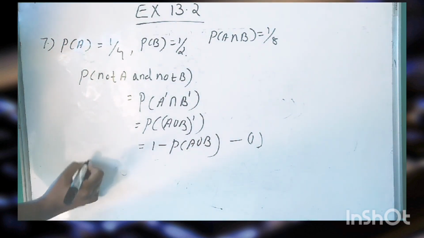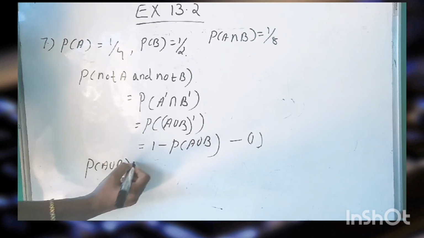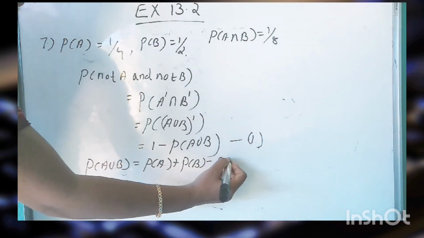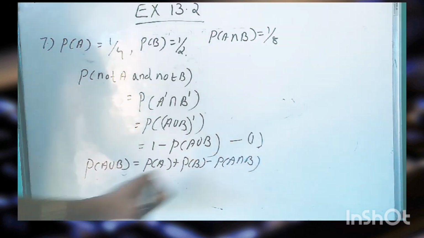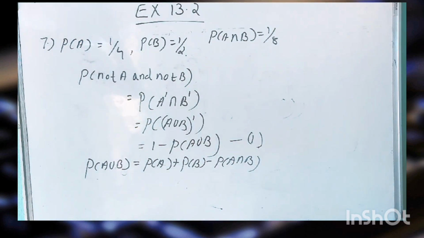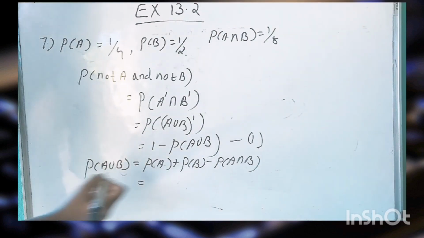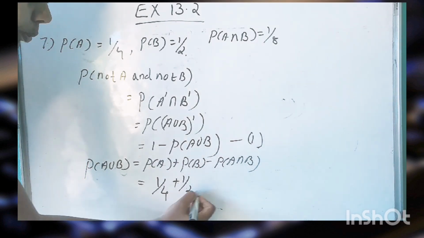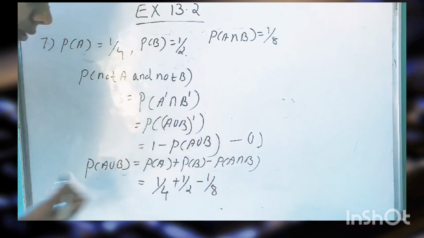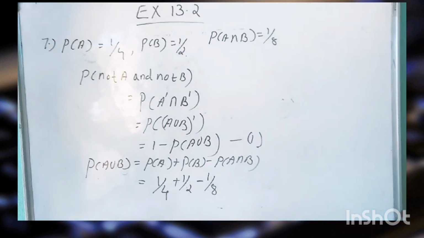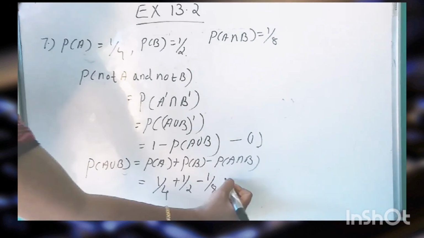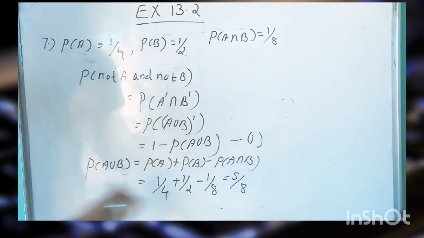Now, P of A union B is equal to P of A plus P of B minus P of A intersection B. That is 1 by 4 plus 1 by 2 minus 1 by 8, which is equal to 5 by 8.